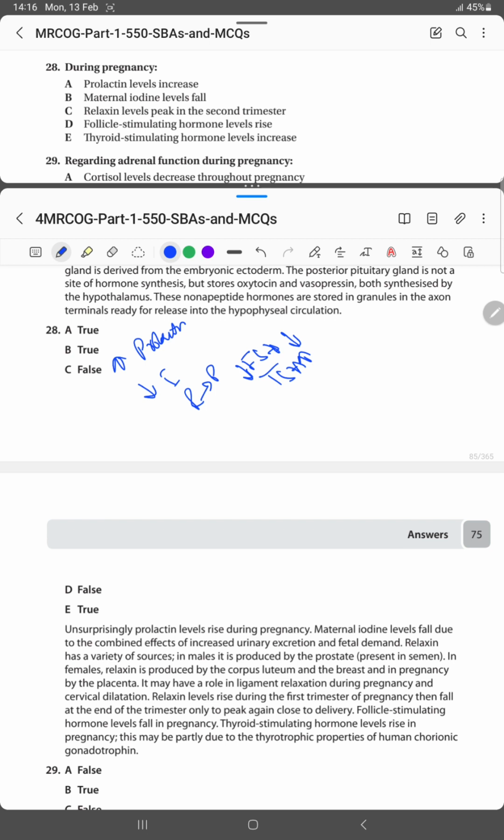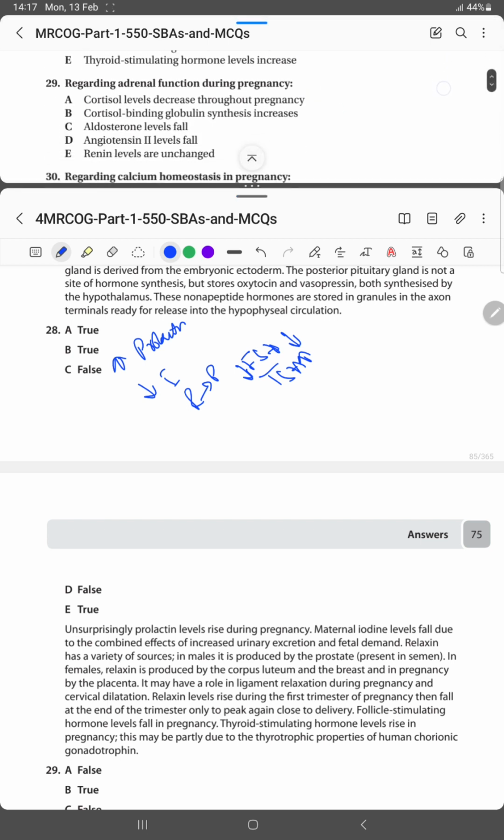Option A, prolactin levels increase, yes, that is true, and the maternal iodine levels fall, yes, that is again true. Relaxin levels peak in the second trimester, no. The relaxin levels rise in the first trimester and then close to the delivery, so this option is false. And follicle stimulating hormone rises, no, it decreases, and thyroid stimulating hormone increases, yes, that is true.